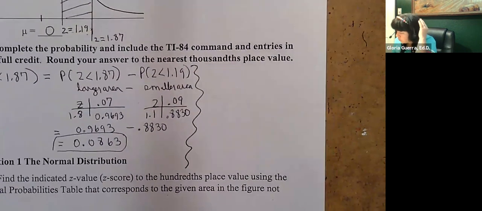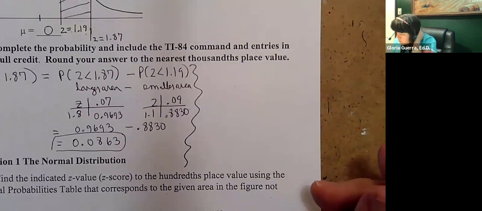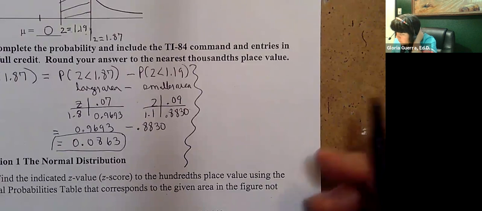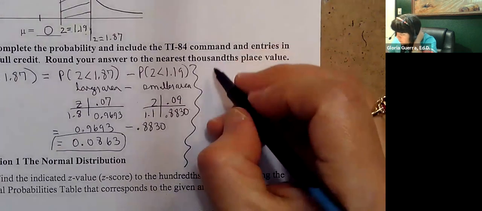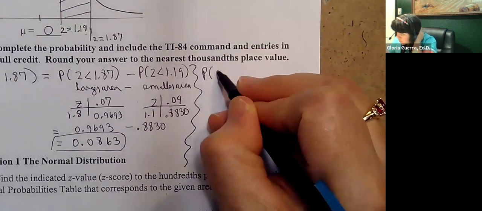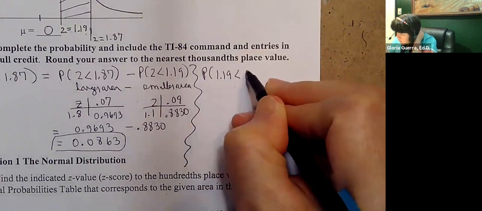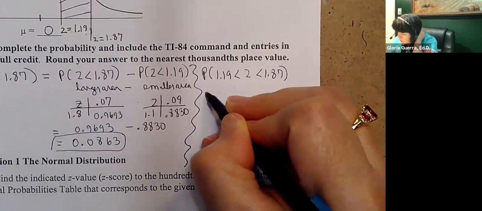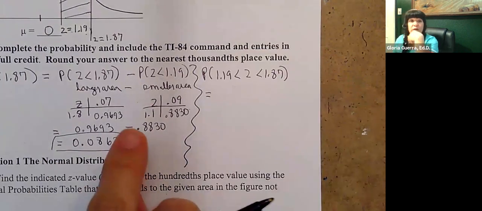Okay, now when you use the TI-84, it's sandwiched between 1.19 and 1.87, but then we're not using the tables.